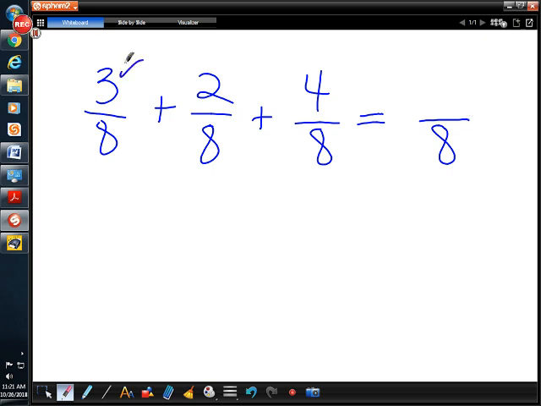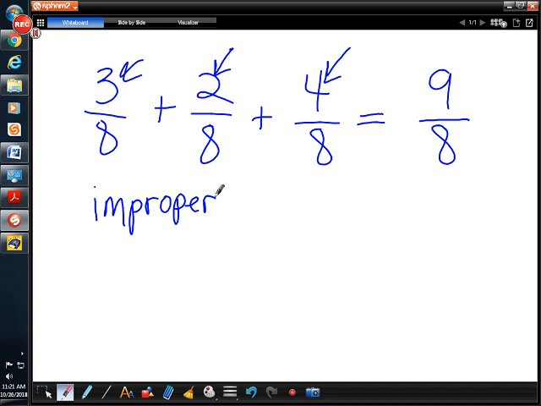So 3 plus 2 is 5. 5 plus 4 is 9. This is kind of weird because we have a number on top that's bigger than the number on the bottom. When that happens, we call this an improper fraction.